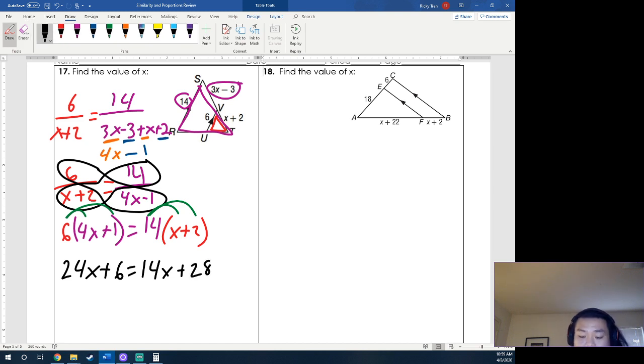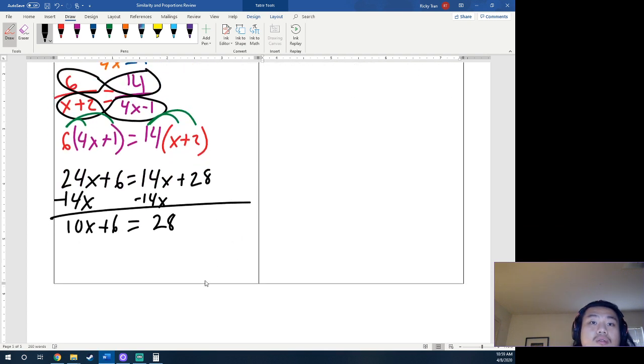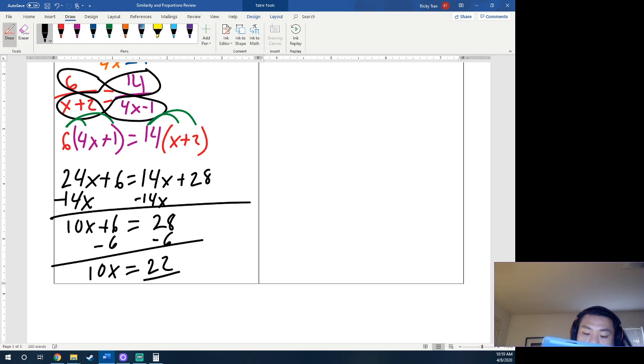Then I'm going to subtract 14x from both sides. We have 10x plus 6 is equal to 28. Then we have minus 6 from both sides. We have 10x is equal to 22. Divide by 10.